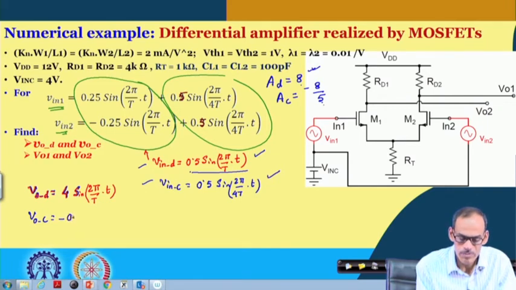So, that gives us 0.8 sin 2 pi by 4 t into small t.